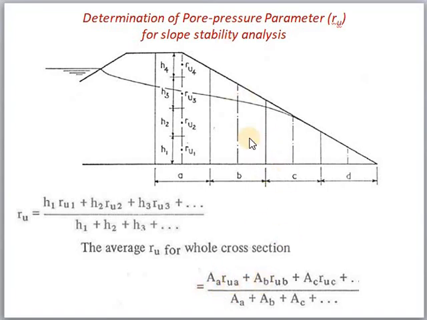Similarly for AB into RUB, and for all the slices, and add all this, that is area into RUA. That you have to divide by the total area of the slice, that is AA plus AB plus AC plus AD, which will give you the total RU value for the particular cross section, which you can use to find the excess pore pressure in the case of slope stability.